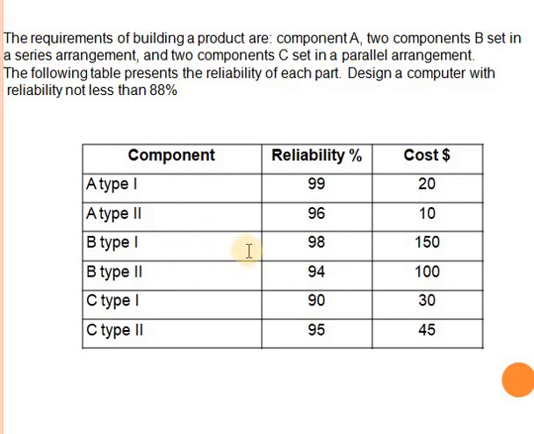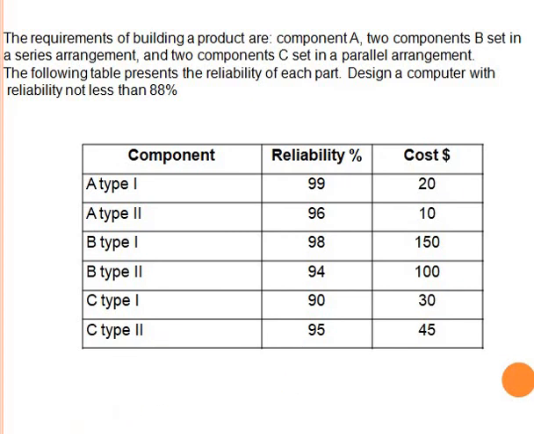One has a reliability of 98% at a price of $150. The second type has a reliability of 94% and a price of $100. Component C, the first type has a reliability of 90% with the price of $30. The second type has a reliability of 95% with a cost of $45. So you see, you will get the chance to choose which type you want and its related cost.